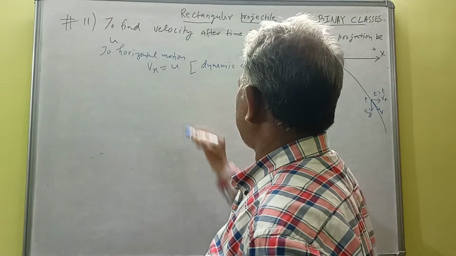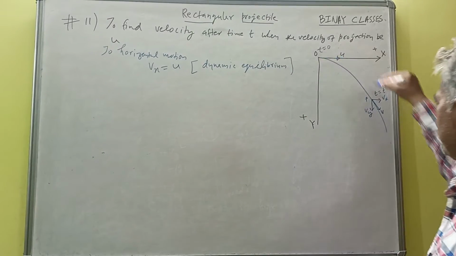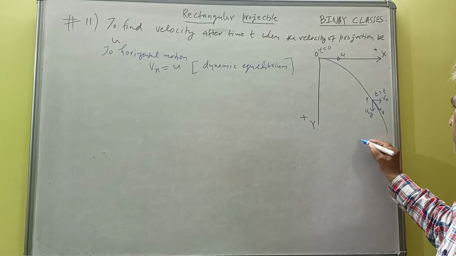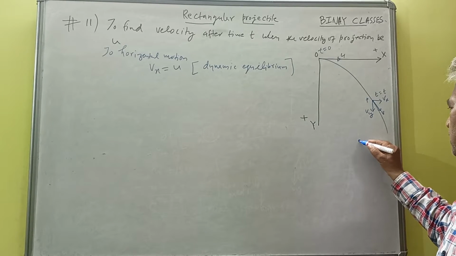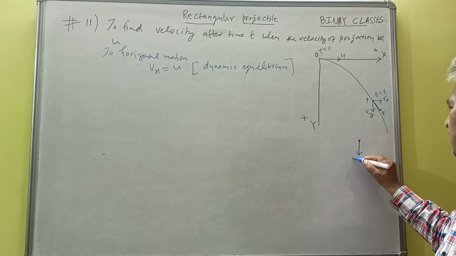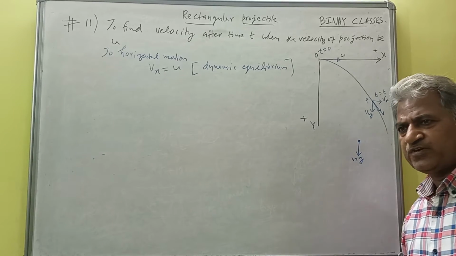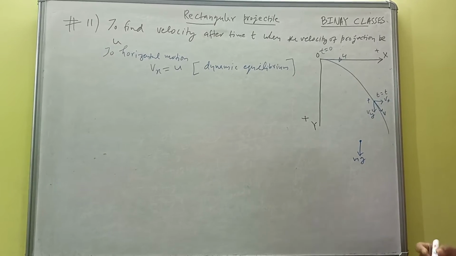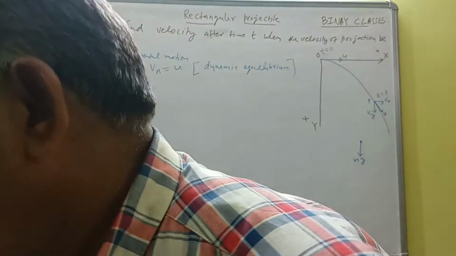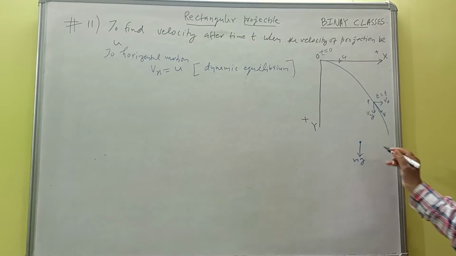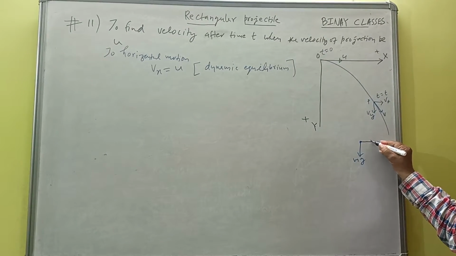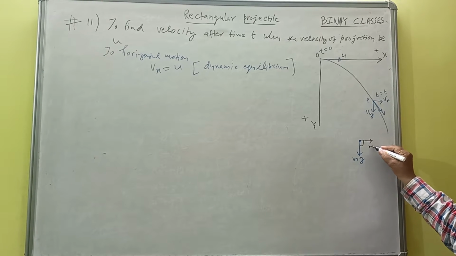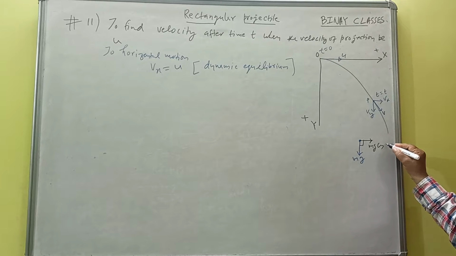Another reason for this: during the motion, if you think about the free body diagram of the object, this force is gravity force and this is very close to the earth's surface, so g will not change, and this mg is acting vertically downward, so there is no component along the x-axis horizontally, because the component to find is simply mg cos alpha.